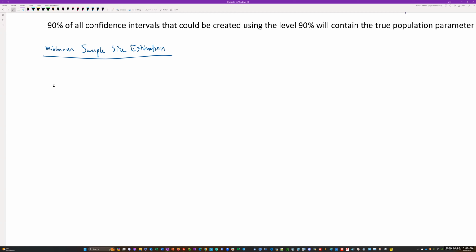So what we can do is, if we have this formula again, C is equal to X bar minus the mean divided by the standard deviation. And what minimum sample size estimation means is really they want us to solve for N. They want us to see what we can start saying about N. Because at the beginning, how many people do I need to sample so that I'm going to be within, let's say, 1% of the real answer for the people that favor a particular candidate?